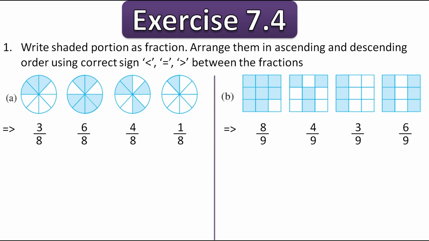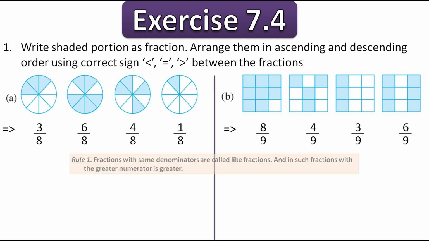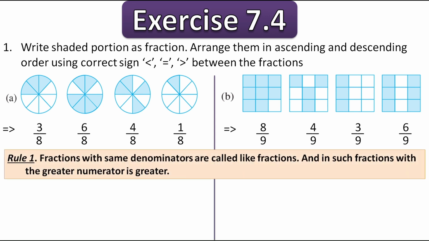Now we have to arrange them in ascending and descending order. For that we should know how to find which fraction is smaller and which is greater. The first rule is that fractions with the same denominators are called like fractions, and in such fractions the one with the greater numerator is greater.